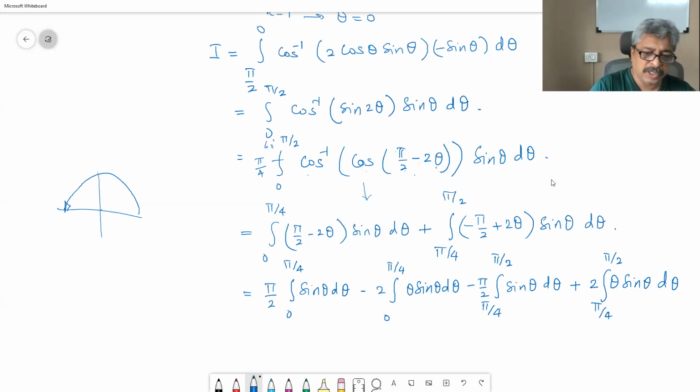These are the 4 integrals that we need to evaluate.